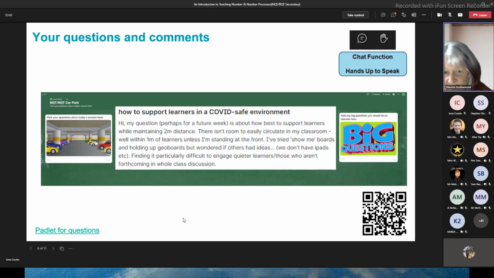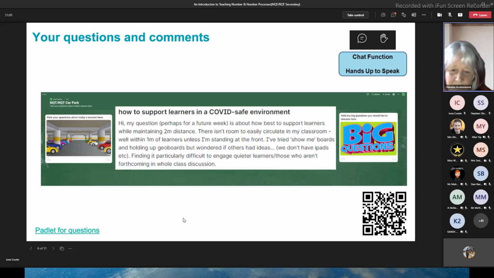Now, we've highlighted here a question that was posted in the Padlet during session 1. And what we'd like you to do is take a few minutes to see if you can link into the Padlet and have a look at it. If you've got something that immediately comes to mind that you want to put in response to that question, then please just add that in.